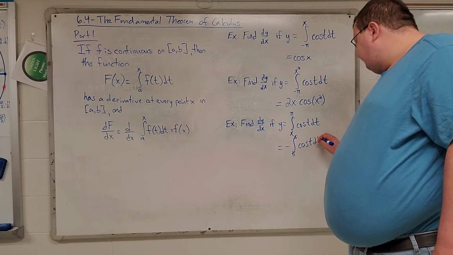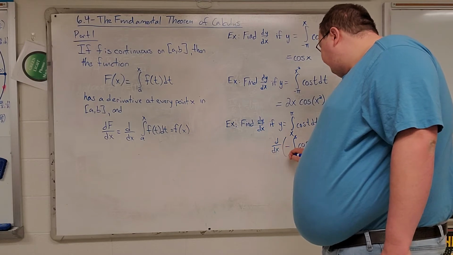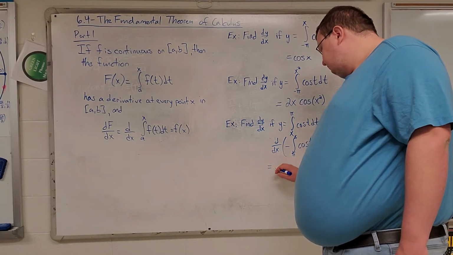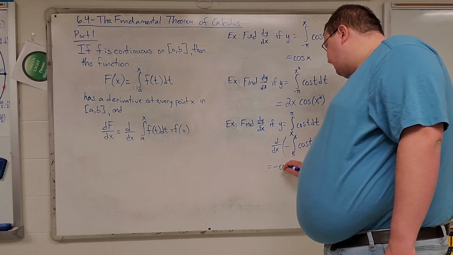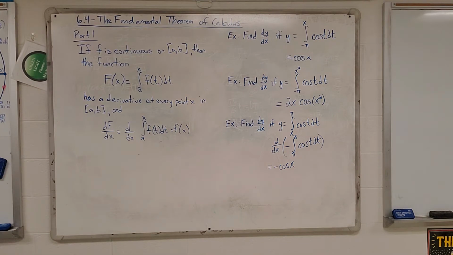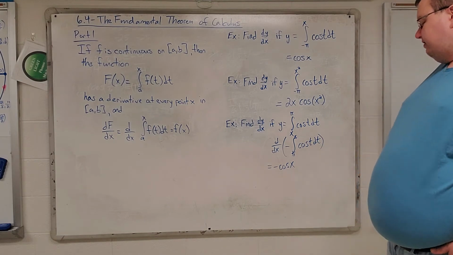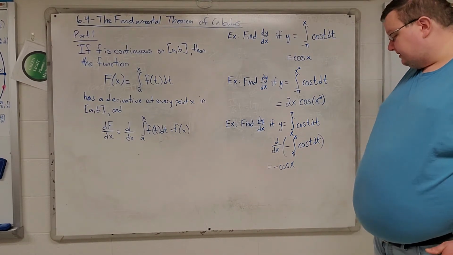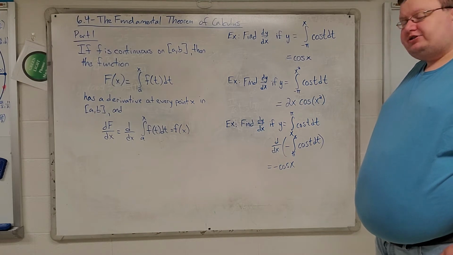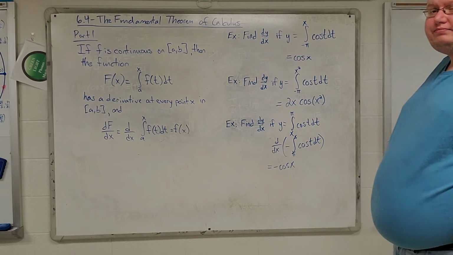Now I can derive this with respect to x, and I simply get negative cosine x. That negative is just a constant multiple. So you can flip bounds if your x is on the bottom, on the wrong side.